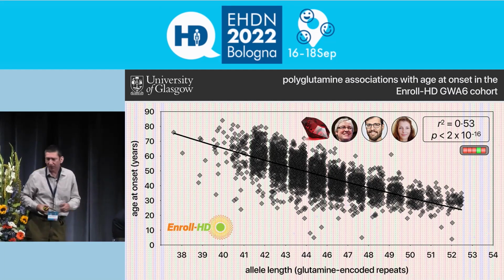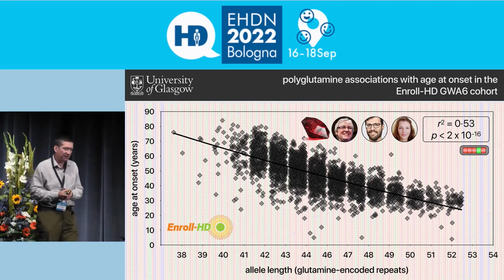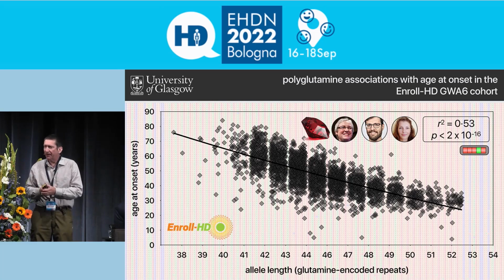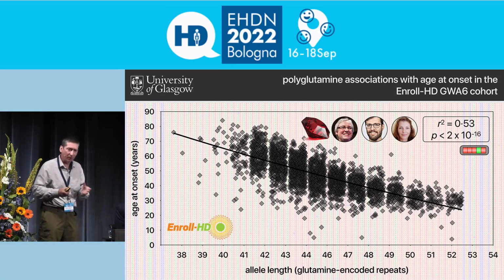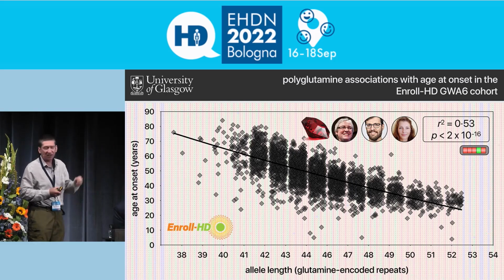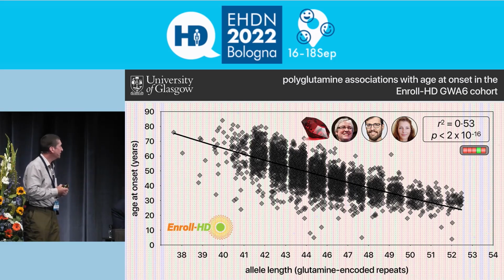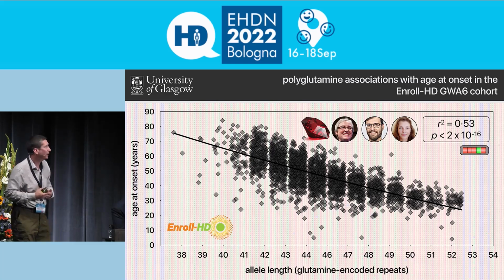And again, this work really has been facilitated by the genetic modifiers of Huntington's disease working group that Leslie was a founder member of. So it's really fitting, I think, today that we're able to present some of the work that Leslie was intimately involved with over her career.